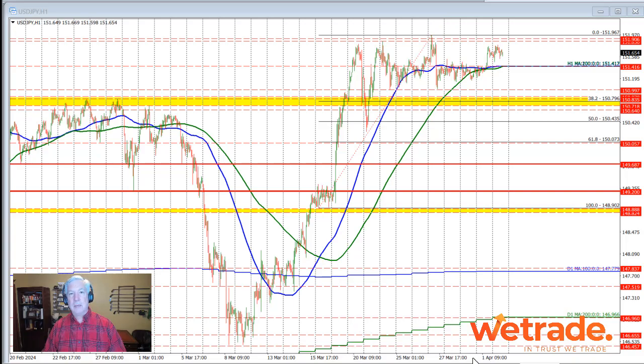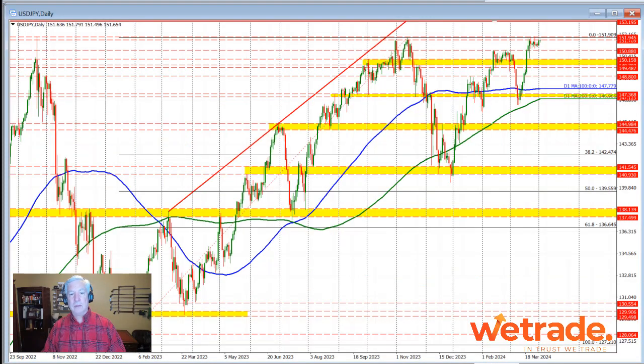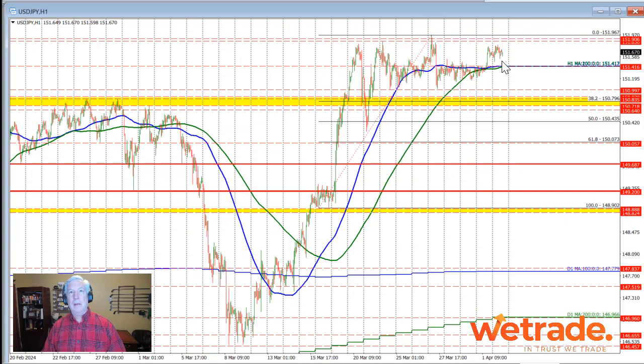If I go to the daily chart, the 2022 high came in at 151.94. This high came in at 151.91. That's 2023. And the high price that we saw last week came in at 151.96. So three highs for 3 different years, all within about 5 pips of each other. That's pretty amazing, but certainly a triple top in play there.